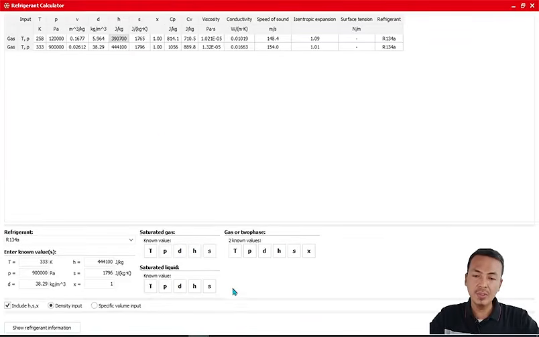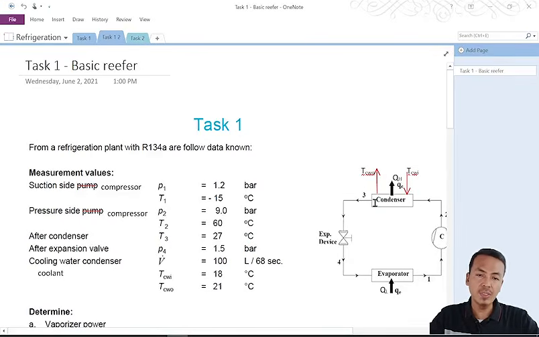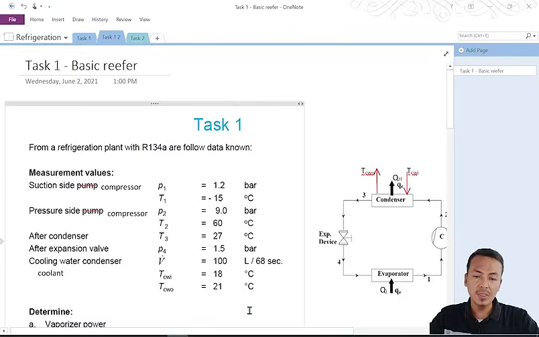Then the third condition, after the condensation, the refrigerant and the temperature 27 degrees Celsius. So after the condensation here, the refrigerant should be in the condition of subcooled liquid. Subcooled liquid condition.